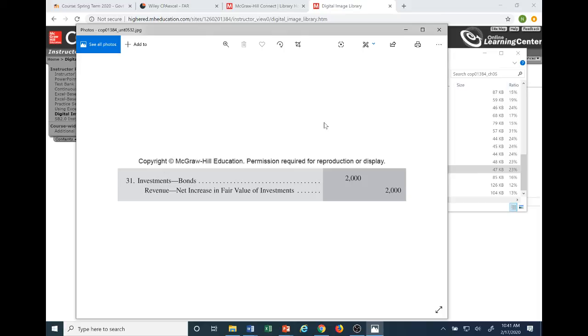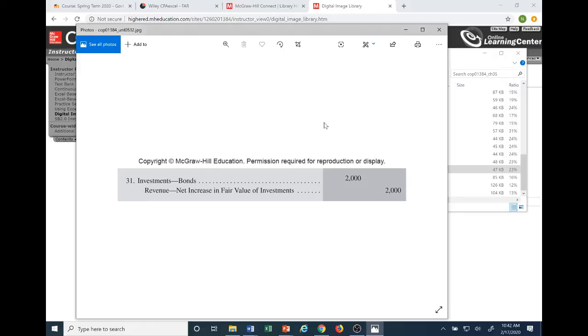Because it's an asset, if it went up by 2,000, we have to debit investments in bonds 2,000 to account for that increase. So debit investment in bonds 2,000, credit revenue, and label it net increase in fair value of investments, right?